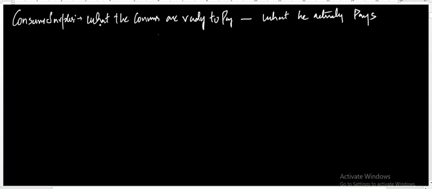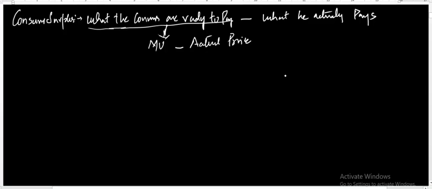Which means that what a consumer will be ready to pay is equal to the marginality, meaning that a consumer will not pay anything more than the satisfaction that he is actually deriving. So marginality minus the actual price is what is known as the consumer surplus.